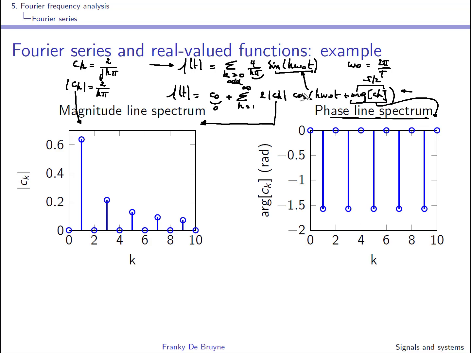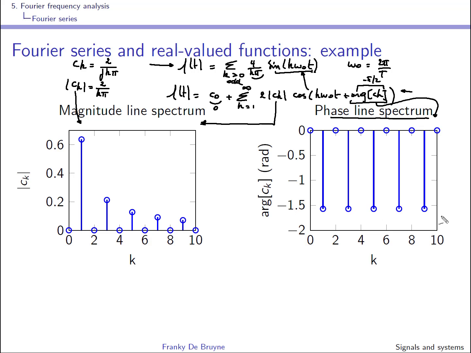So in this magnitude line spectrum, you take the corresponding k. If k is equal to 1, it corresponds to the fundamental, and when k is different from 1, you have the harmonics. You can read whether, in the decomposition of f of t, it is a sine or a cosine in the phase line spectrum.